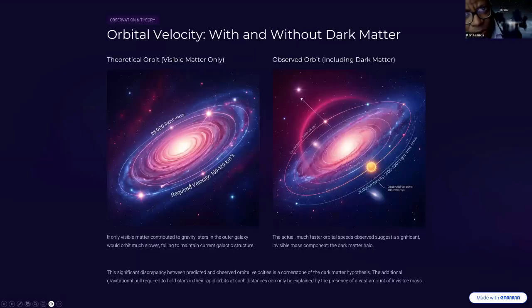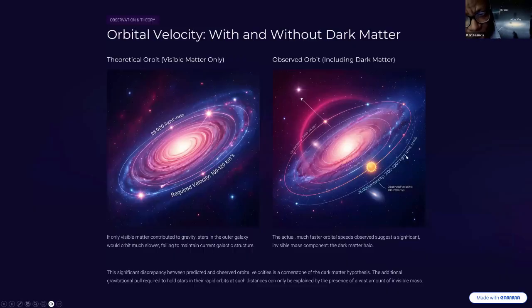Okay, now let's look at the same problem, but from a different mathematical perspective. If we calculate the theoretical orbital velocity of the Sun around the galaxy with the visible matter only, the velocity should be about 100 to 120 kilometers per second, due to the gravity of that visible mass.